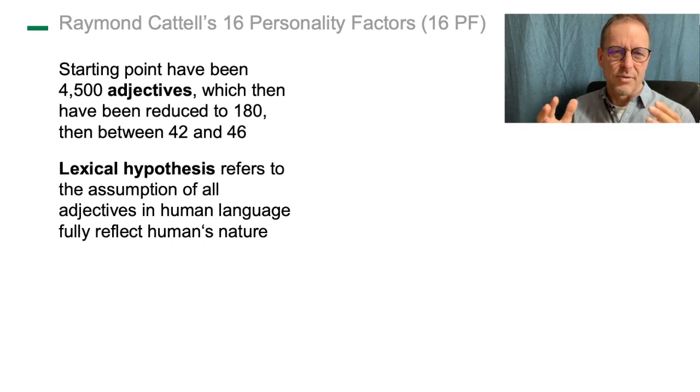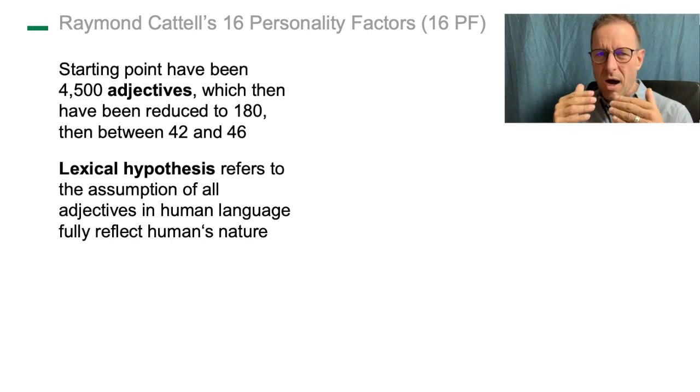That might sound silly to you. It's not so important now with social research, but that's the underlying hypothesis, that we assume that with human language, the language that we use, we are able to fully describe human nature.